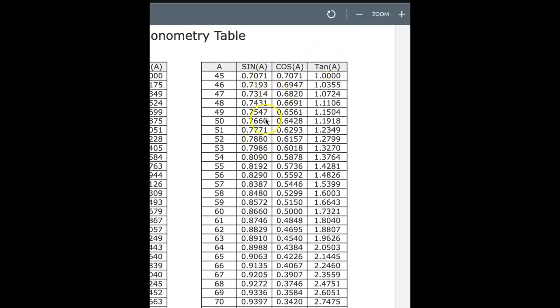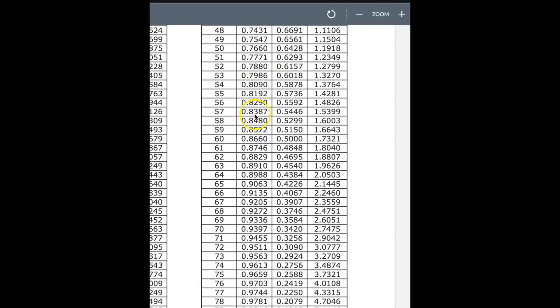You have sine, cosine, and tan, and you're looking for 0.84. You have to either find 0.84 in the sine column or the closest thing to it. The closest thing to 0.84 is actually this. 0.8387 is closer to 0.84 than this one. So your best answer should be 57 degrees as the measure of the angle.